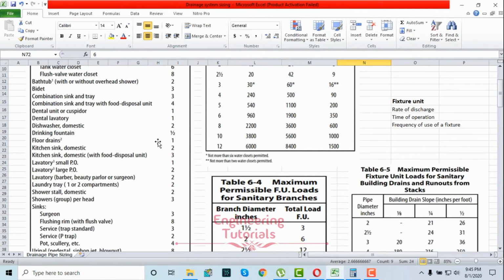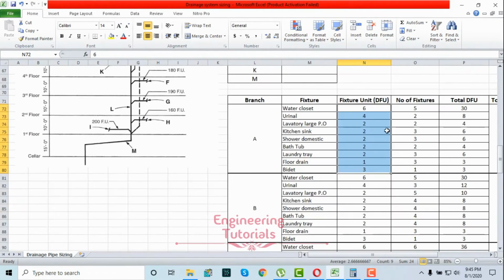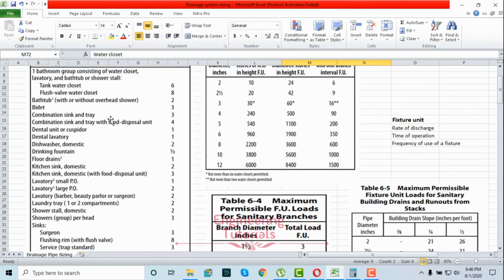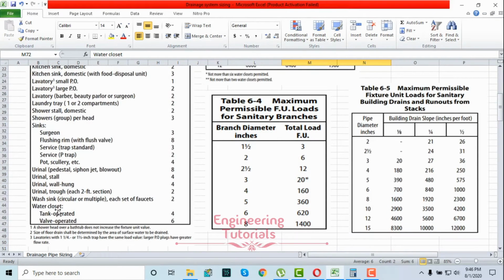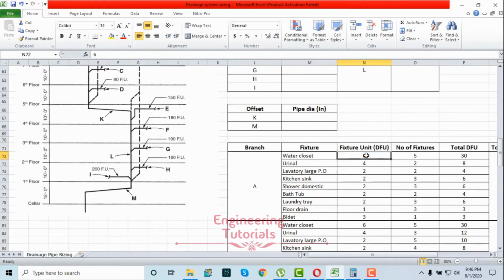From this table we take the value and give it over here. For example, for the water closet, you can see the drainage fixture unit value. Since we are using the valve operated water closet here, we use the value 6, so you can write 6 here.